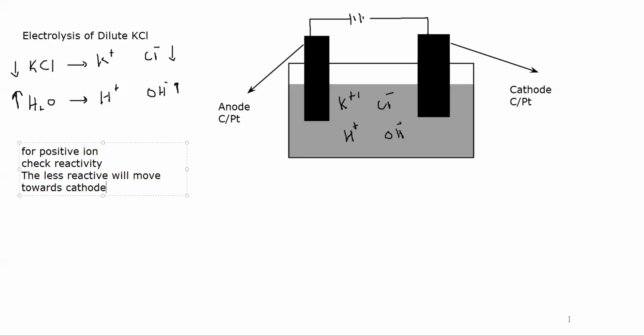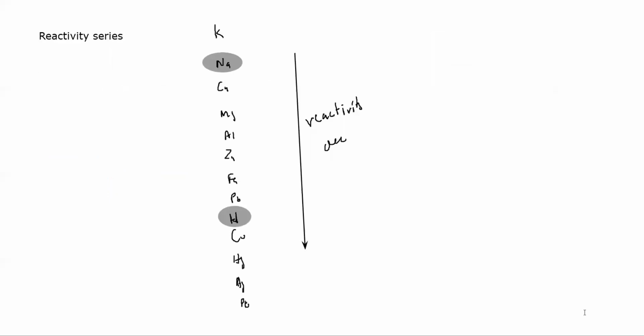We have two positive ions, potassium ion and hydrogen ion. Which is less reactive? Hydrogen. So hydrogen ions are less reactive, so as the hydrogen is less reactive, it will move towards cathode.